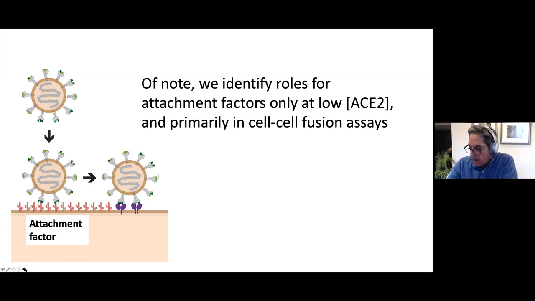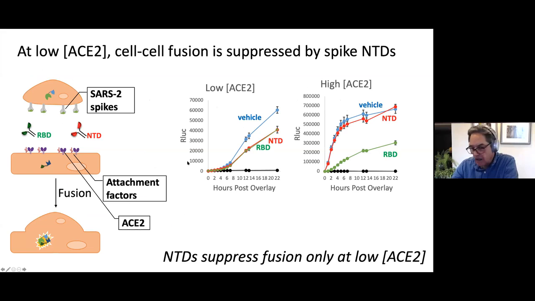So Enya uses cells that either have very low, almost undetectable ACE2 levels or very high.